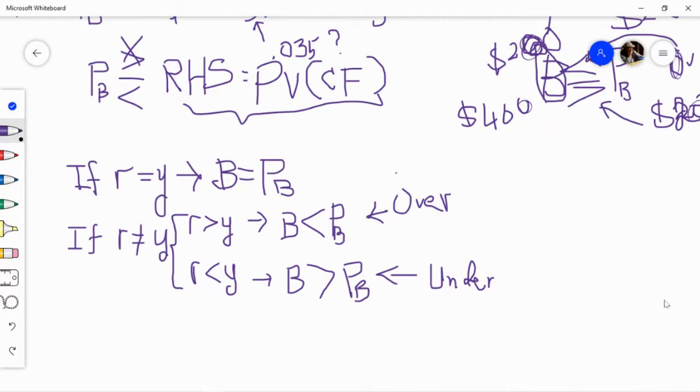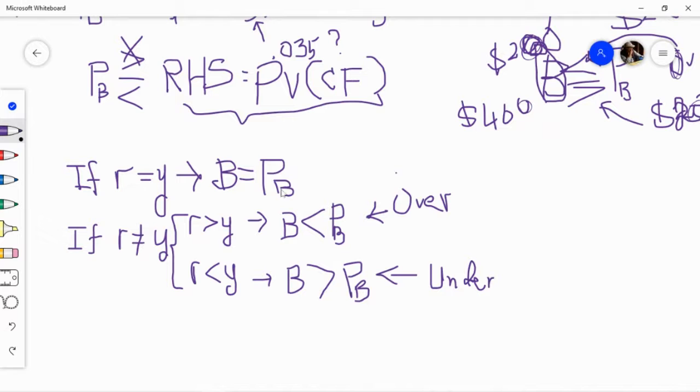Short sale is something that they do in the real estate market. But anyway, this is basically what you want to find.